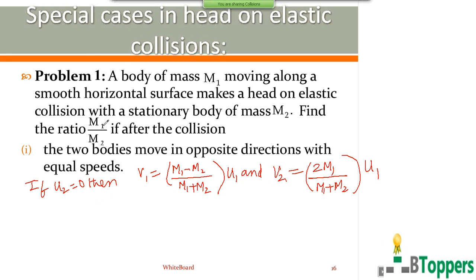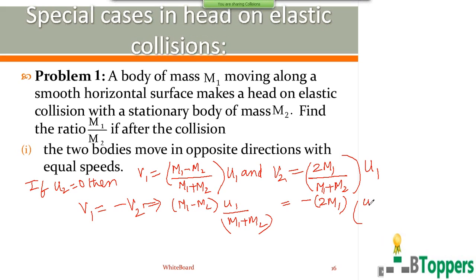You are asked to find the ratio m1 by m2 if the two bodies move in opposite directions with equal speeds. That means v1 and v2 are equal in magnitude but oppositely directed. That means you have to find the ratio m1 by m2 if v1 equal to minus v2 mathematically. So that is (m1 minus m2) into u1 by (m1 plus m2) is the negative of 2m1 into u1 by (m1 plus m2).